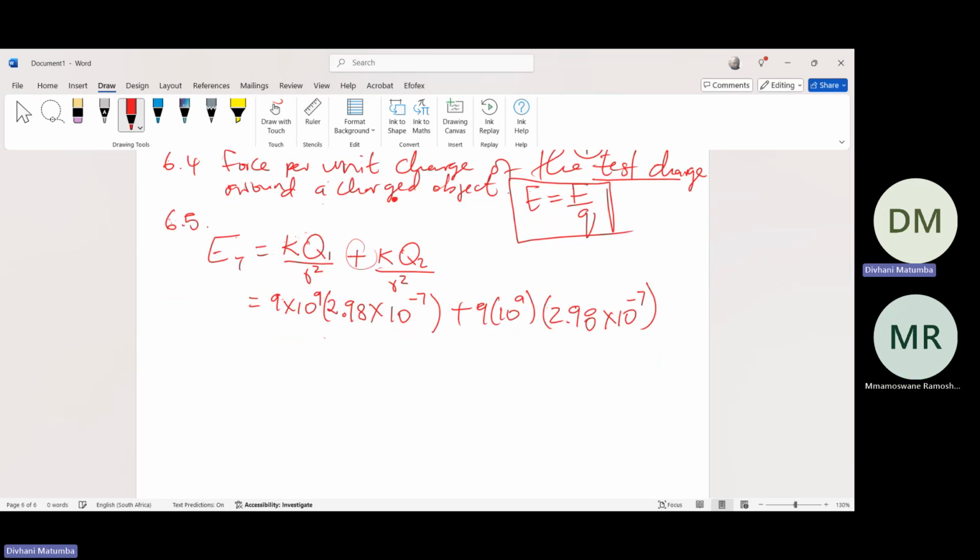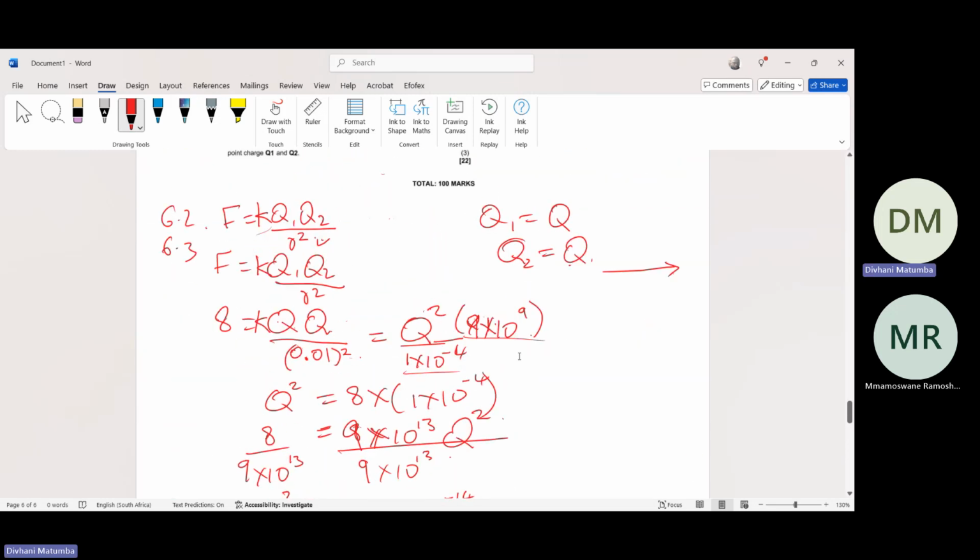All this one is over. We can say all over if we want to, but no, we can't because there are different values of R. The R for Q1 is, let's go back to the diagram.